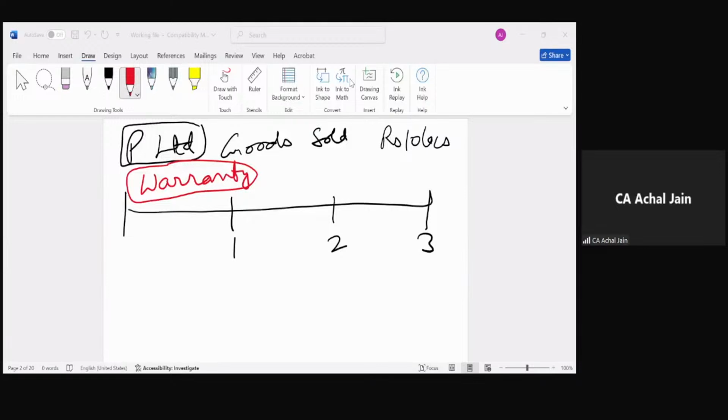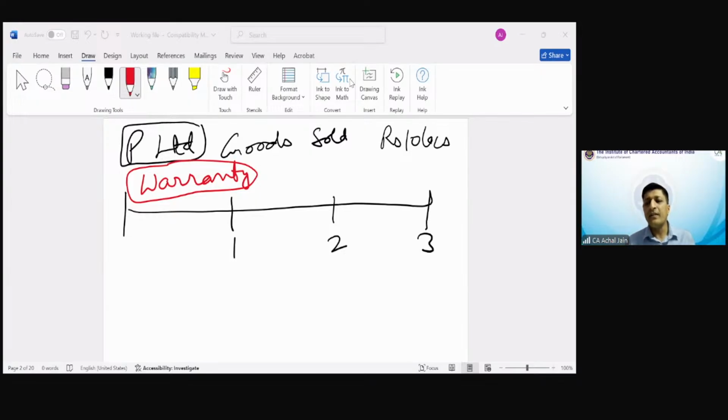Now, if you say there is an obligation on the part of P Limited, can you also help me understand whether that obligation will have any sort of uncertainty in respect of the timing or in respect of that amount? So Rohan says yes. Then I think she is saying, sir, herein the timing is certain, but the amount is not certain.